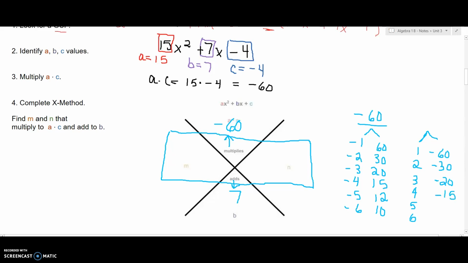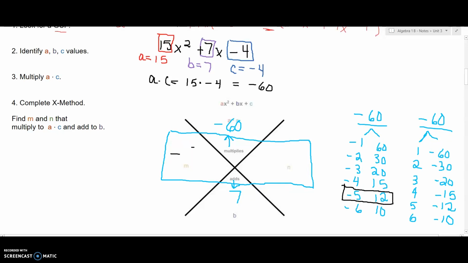And we need to see which pair adds to give us 7. So when I'm looking at these, I notice that my 7 is positive, and I notice that if I add 12 plus a negative 5, I get 7.